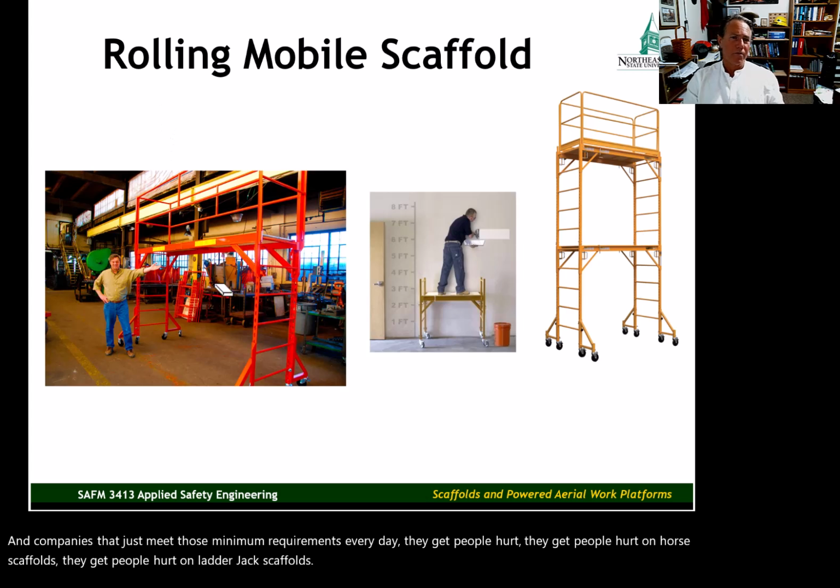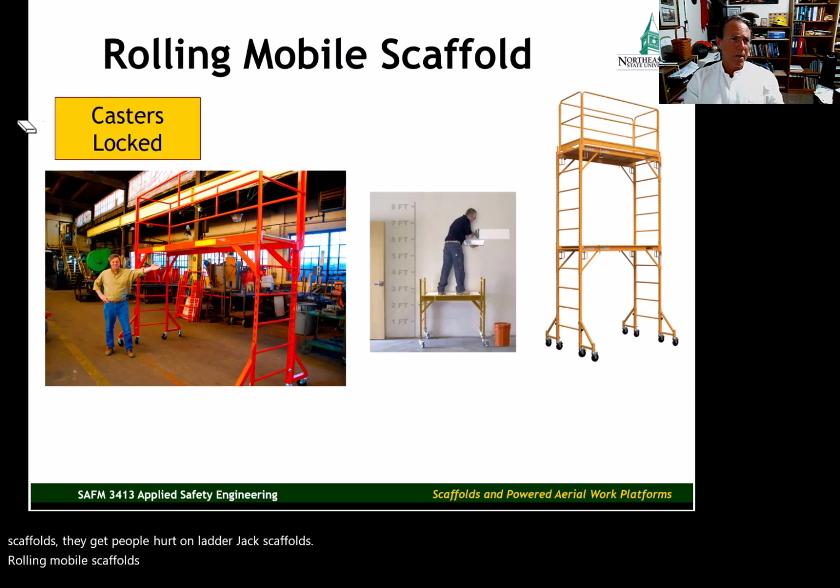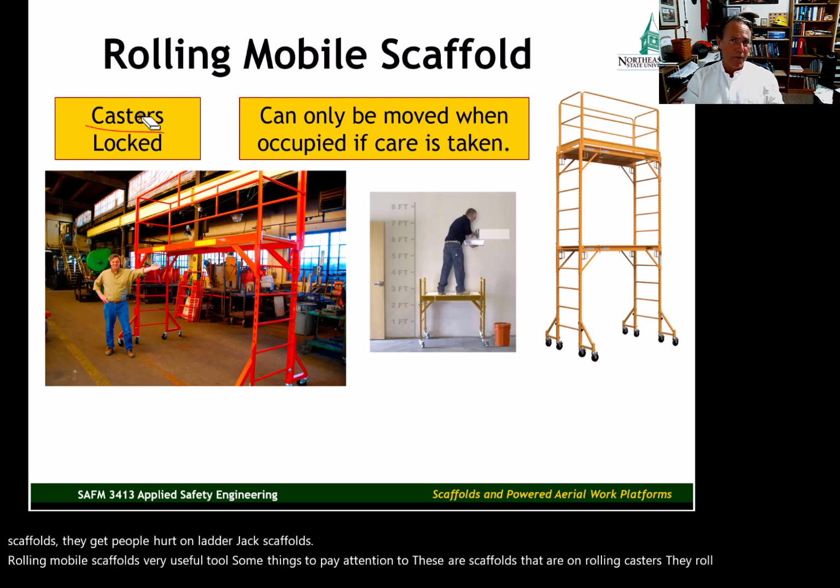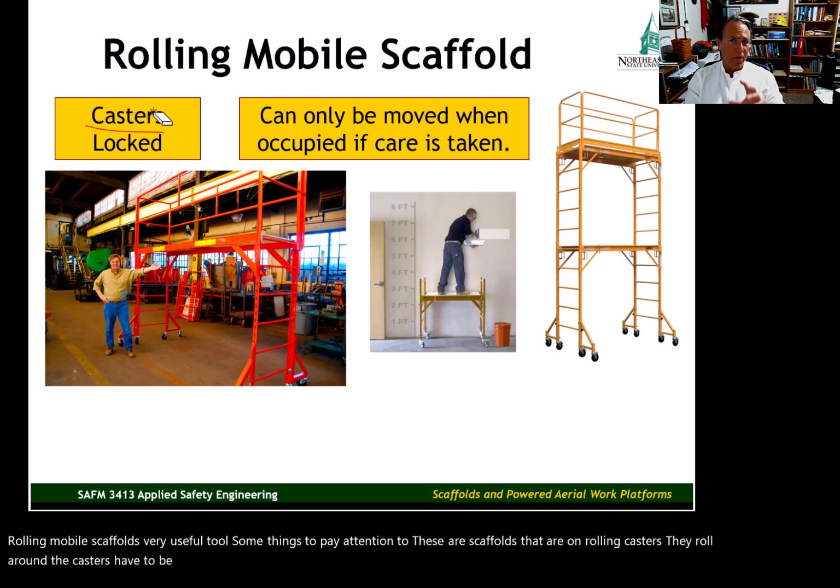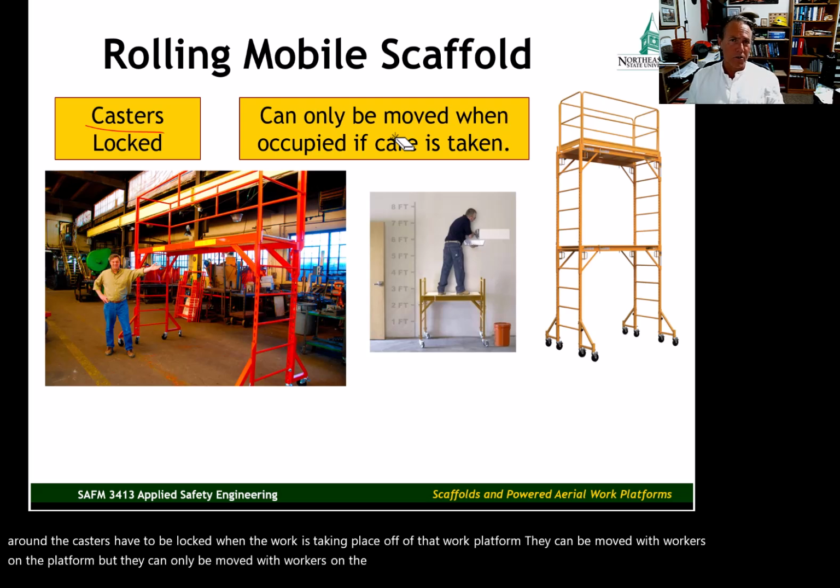Rolling mobile scaffolds, very useful tool. Some things to pay attention to. These are scaffolds that are on rolling casters. They roll around. The casters have to be locked when the work is taking place off of that work platform. They can be moved with workers on the platform, but they can only be moved with workers on the platform if certain precautions are taken.